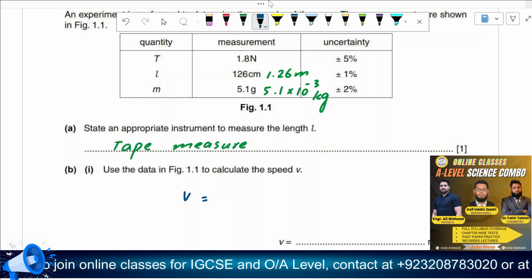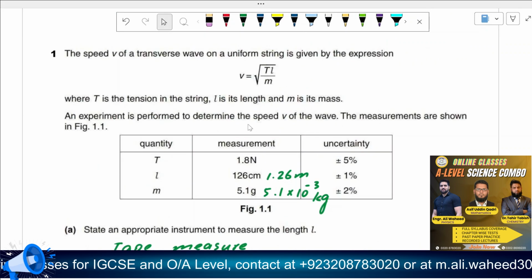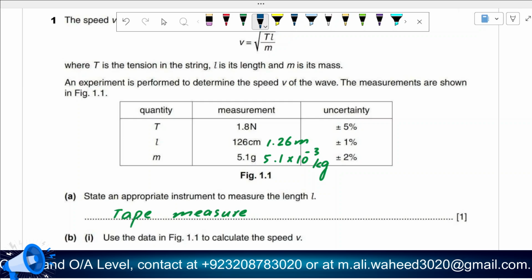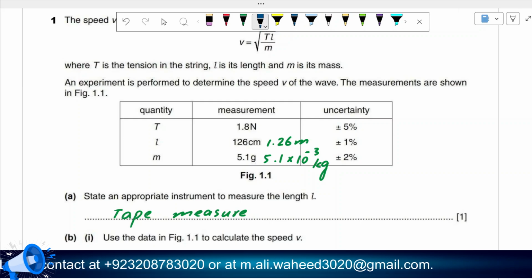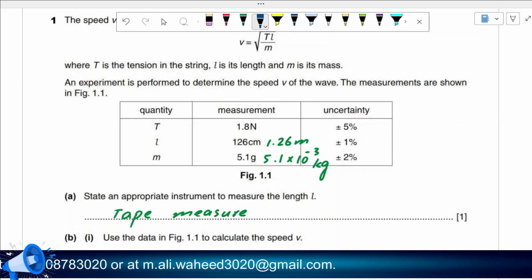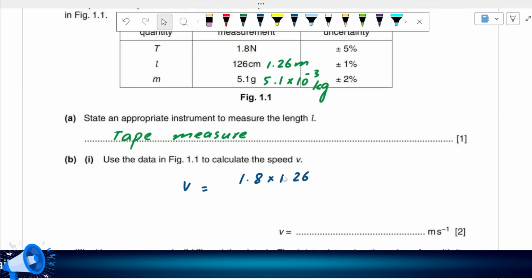And then we have the formula v equals square root of T, which is tension 1.8, times the length 1.26, divided by 5.1 times 10 raised to the power minus 3.